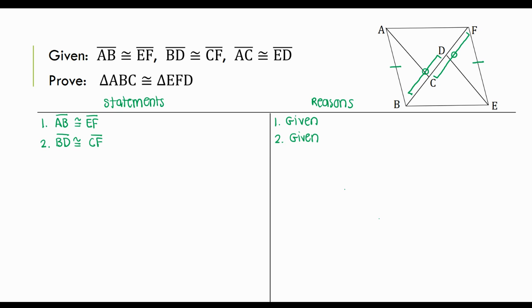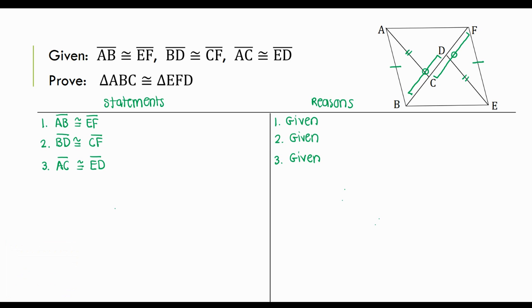All right. Can't expand on that any further. So moving on, we have that the segment AC is congruent to the segment ED. That is given. AC, I'm going to give that 2 tick marks. ED, I'm going to give that 2 tick marks. I can't expand on that any further.